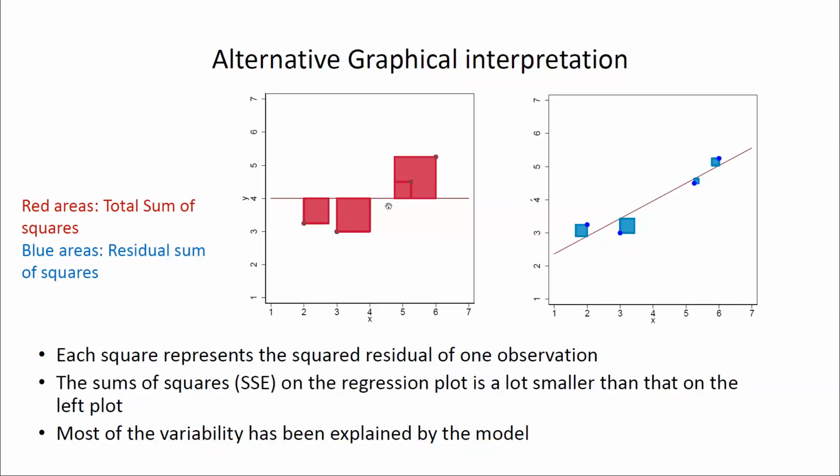And so the regression model accounts for the difference between the sum of the areas over here and the sum of squares over here, the much smaller areas. As I said, this is a supplementary explanation. If you were happy with the first graphical explanation, that's perfectly good enough.